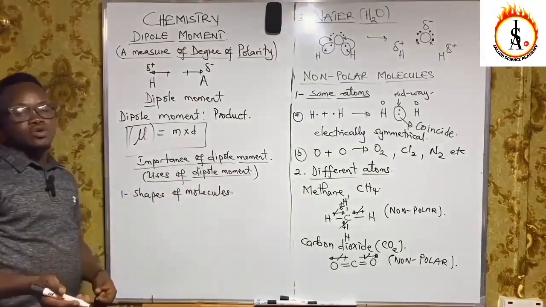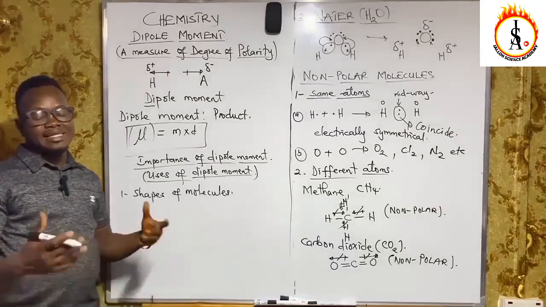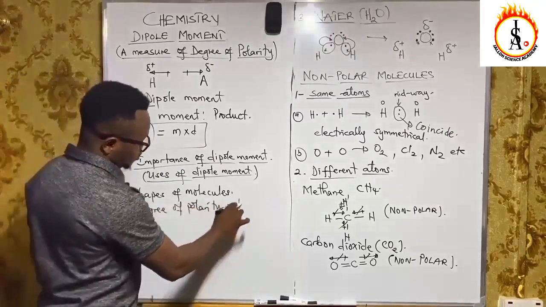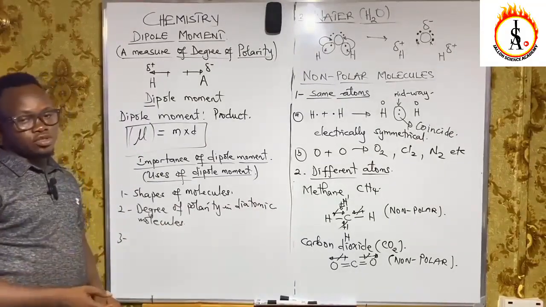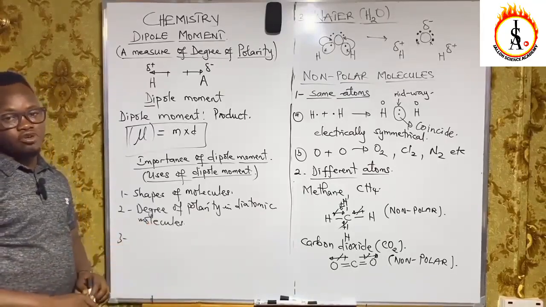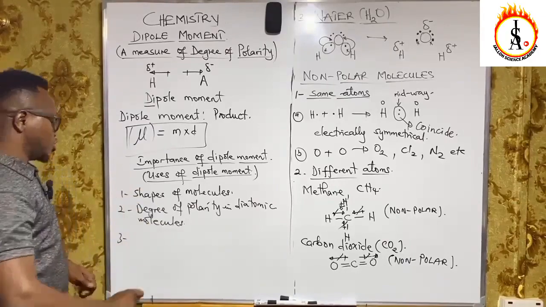Dipole moment also helps us to determine the degree of polarity in diatomic molecules. It also helps us to predict the nature of the bond that is formed, depending on the electronegativity of the species.